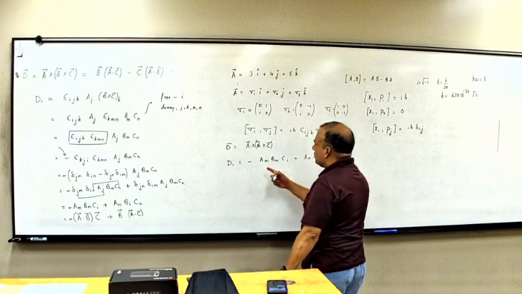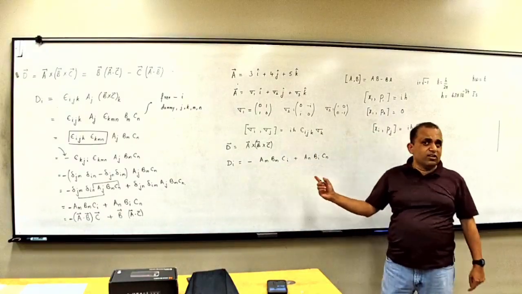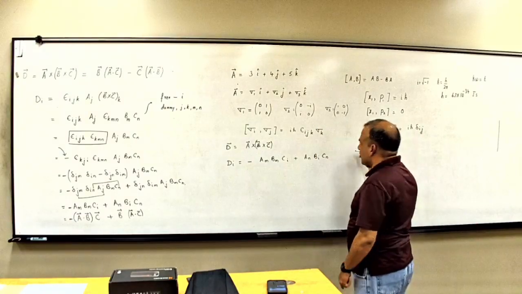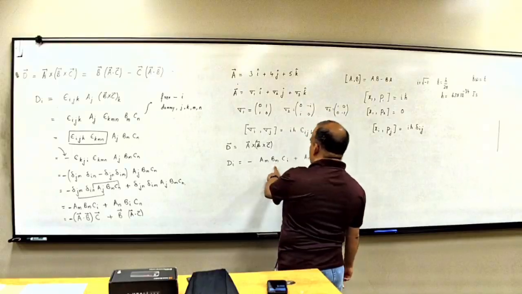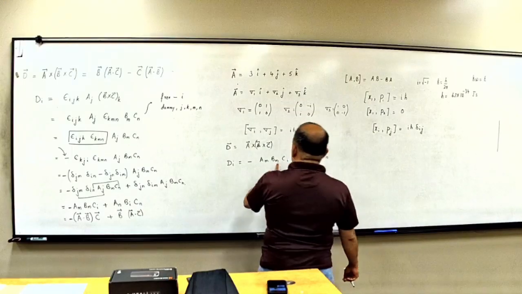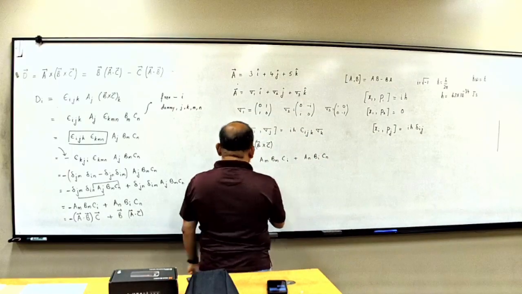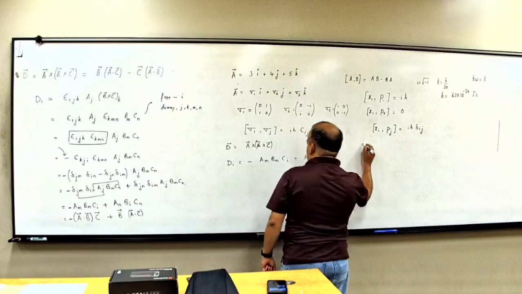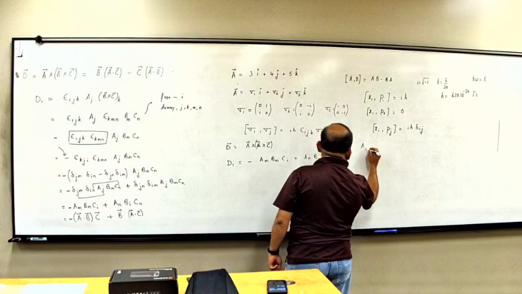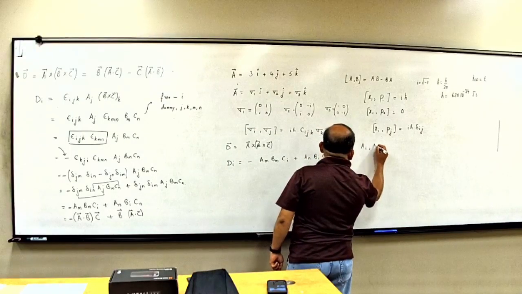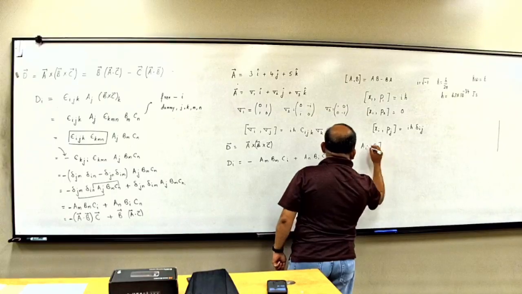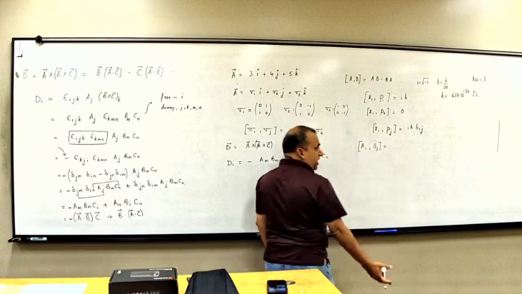So I have to tell you what the commutation relation between A and B is. So let's say that because I'm going to move B, right? So I want to move here. So whenever I move here, I have [A, B], right? So let's say [A_i, B_j]. What is that equal to? I have to tell you that.